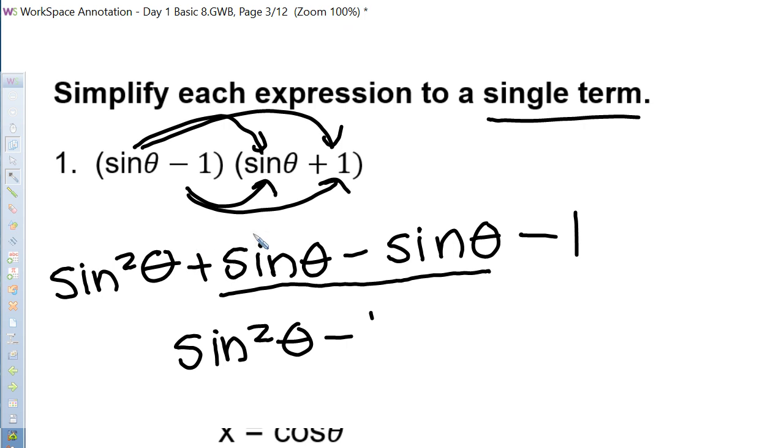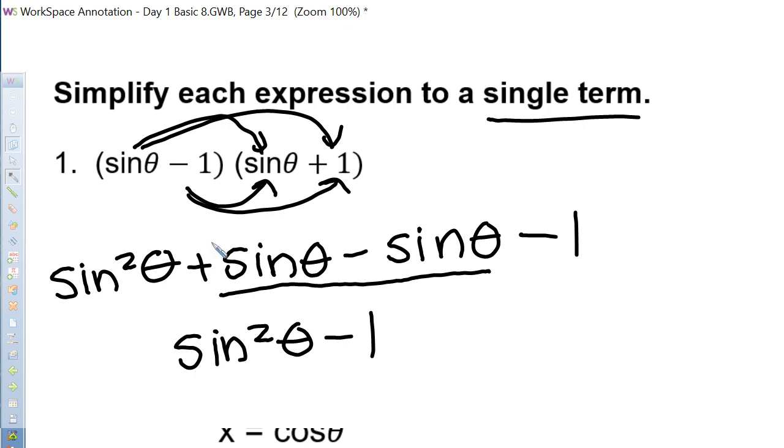Okay, so if you see a 1 with a squared trig function, then it's probably a Pythagorean identity. So I'm going to do some scratch work over here. Instead of writing out SIN for sine and COS for cosine, I'm going to abbreviate this. So my shorthand notation is going to be sine squared plus cosine squared equals 1. So S squared plus C squared equals 1.